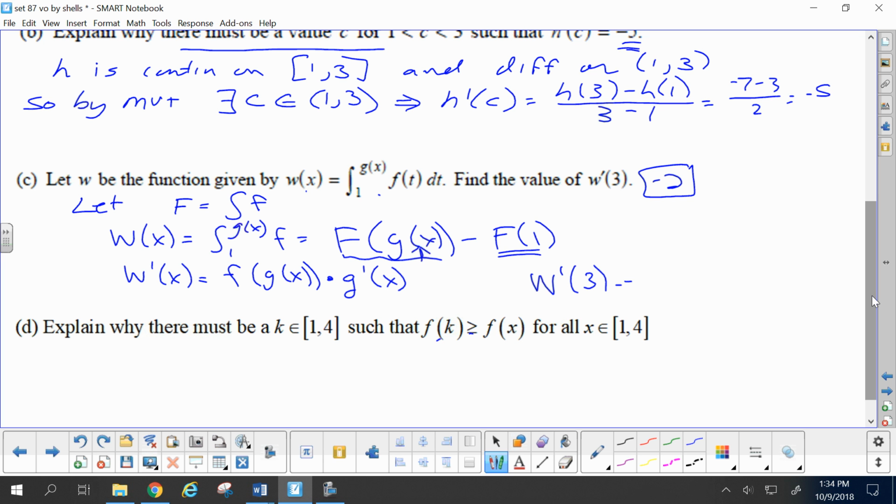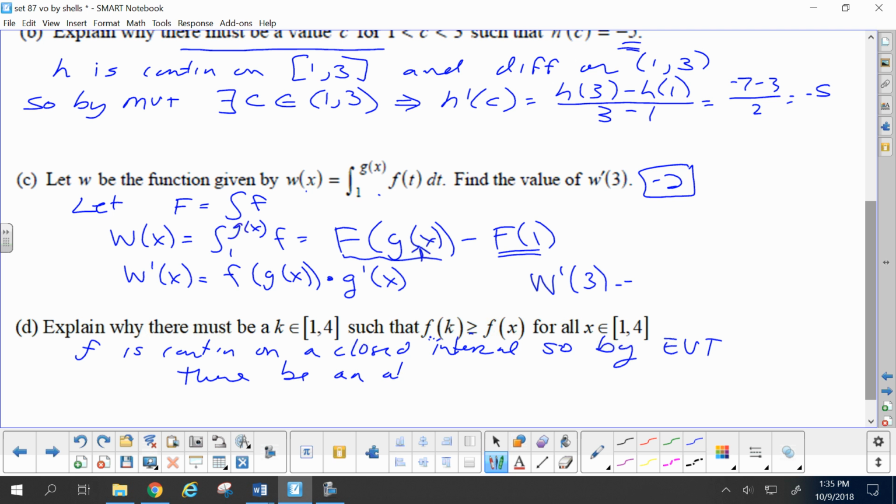We know the conditions. Continuous on a closed interval. Okay? Now, also keep in mind, they're talking F here. F is continuous on a closed interval. So by the extreme value theorem, there must be an absolute maximum. I just said there must be an absolute maximum.